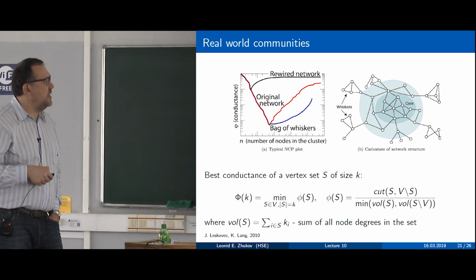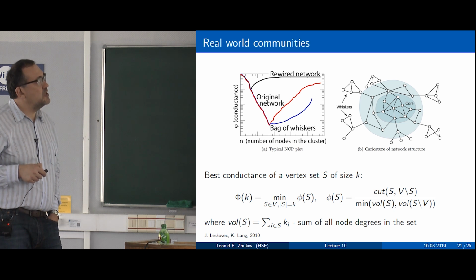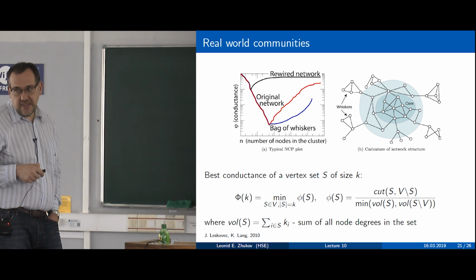And what people discovered is that in real graphs, the structure looks the following way. There is usually a core, and we already saw K-core decomposition, how to extract this core. There is a big group of nodes that are very tightly connected. And then there are usually clusters hanging around this and slightly connected to the graph.